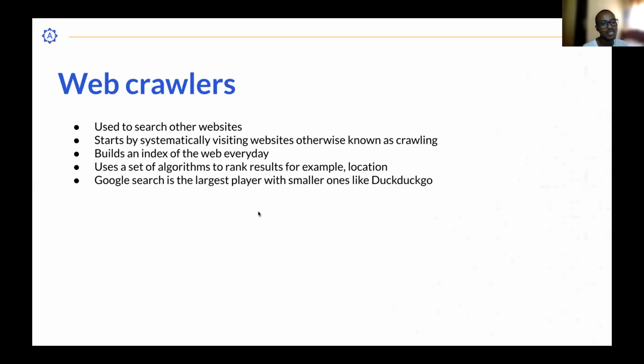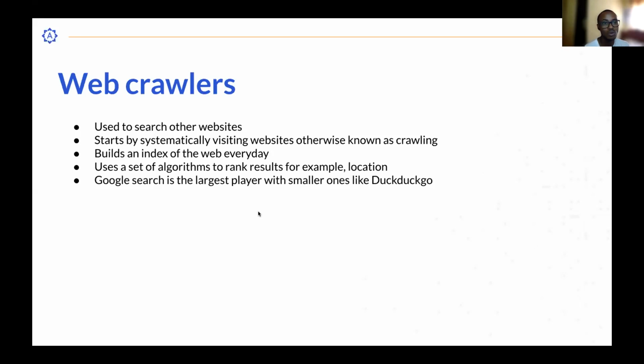So yeah, Google search is the largest player, and we have others like DuckDuckGo. If you want to try out a different search engine, I can say try out DuckDuckGo and see how that works out for you. It's built around the idea of privacy, so they advocate for not tracking users when building and ranking results for the user.